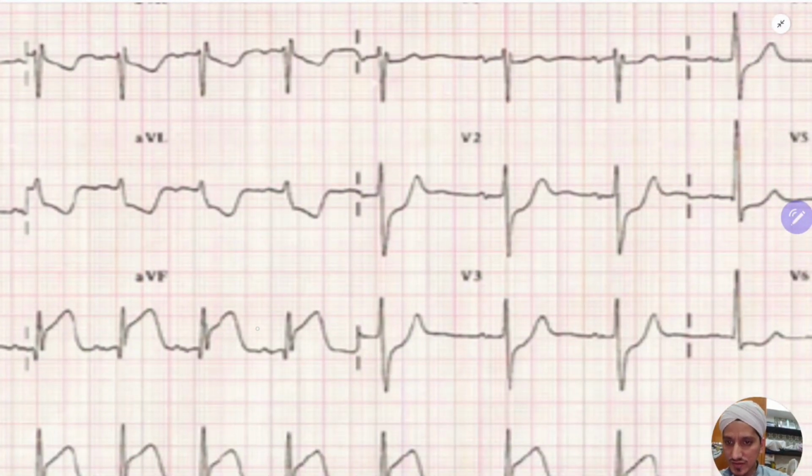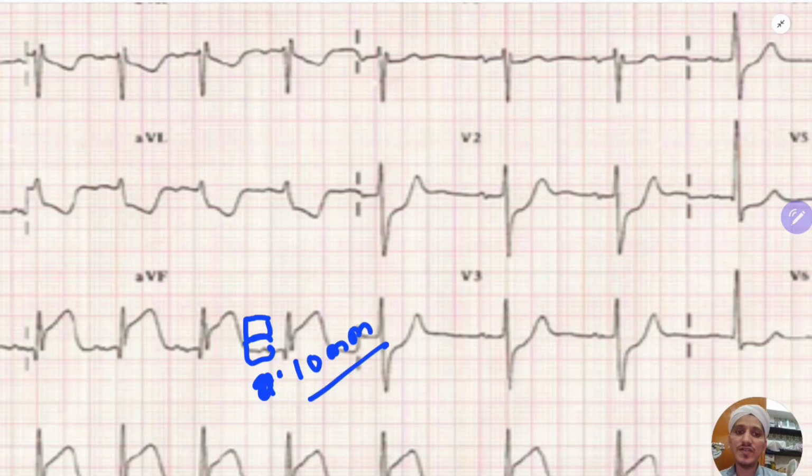In AVF elevation, this is one large box, this is second large box, so approximately it is 10 mm elevation. And the depression is up to here, approximately 6 mm.